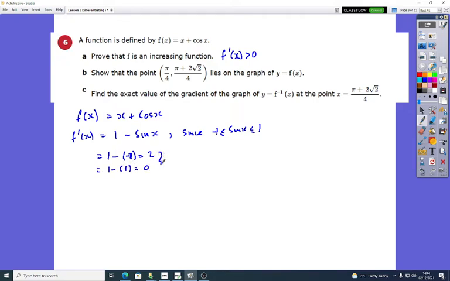So either way, for an increasing function, sometimes we can say it's equal to 0, f dash of x is always going to be greater than or equal to 0.